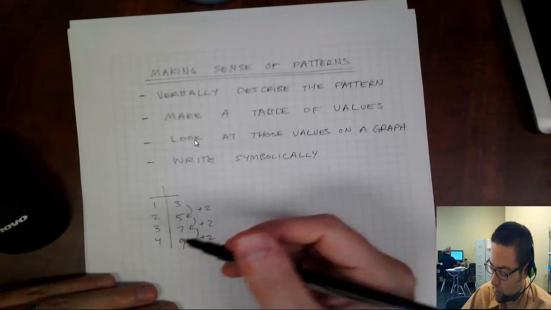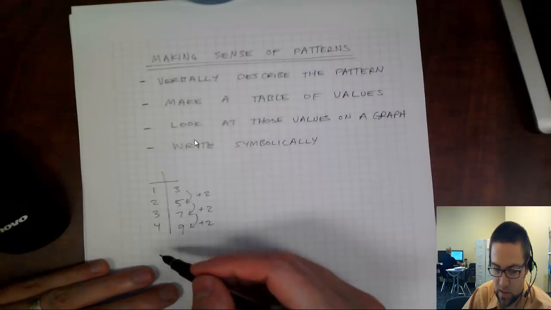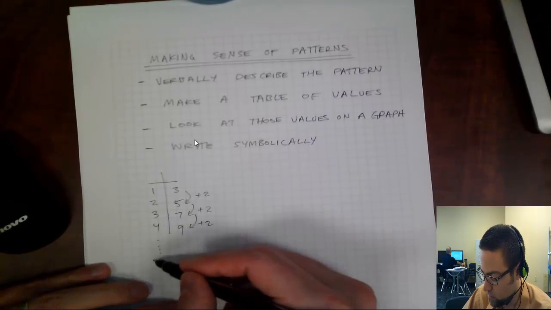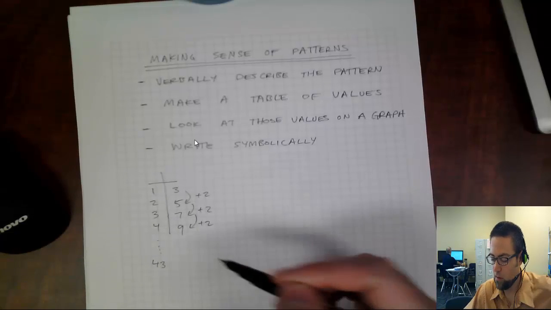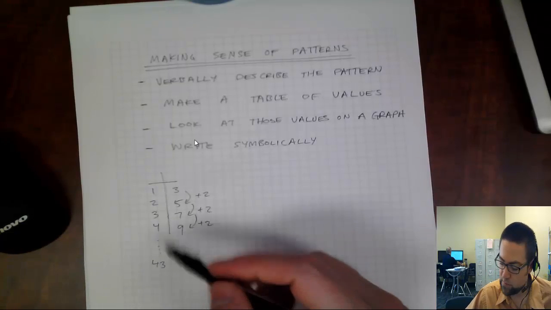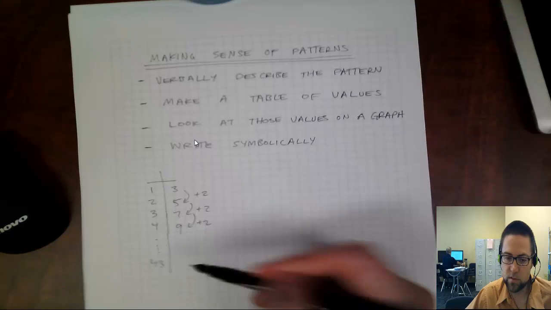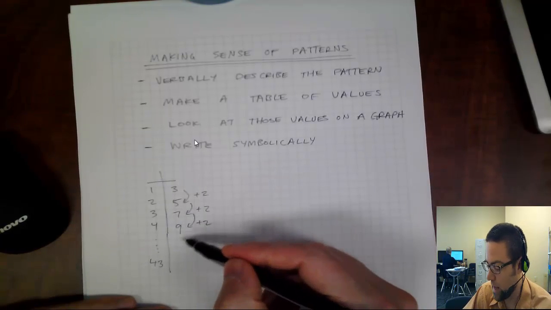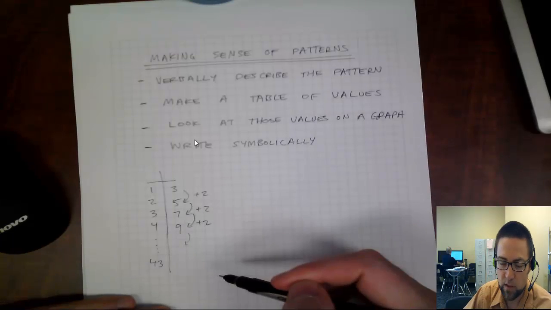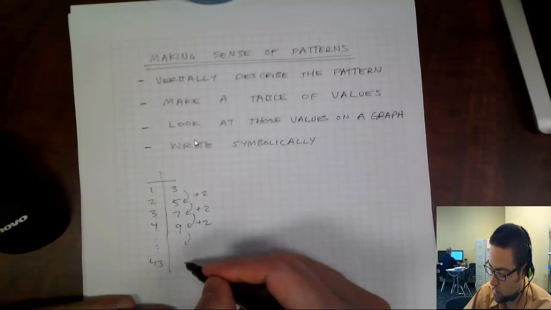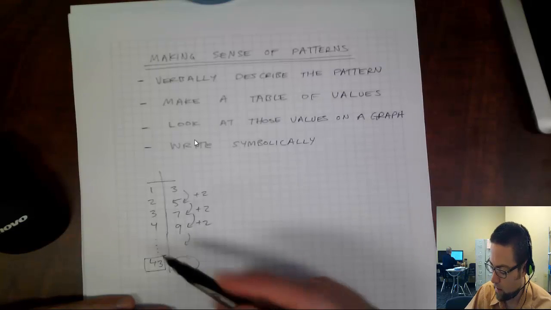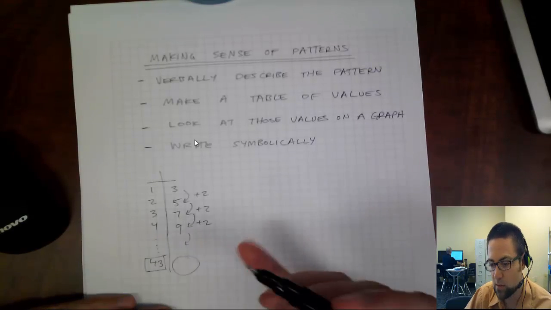Now it'd be really helpful if I could be able to say that for any number down the list. So if I go down and how about 43? What number of chips would there be if I was at the 43rd step, for example? So I could add 2 each time, but it'd be more helpful if I could just be able to take this number 43 and put it into some sort of function, right?